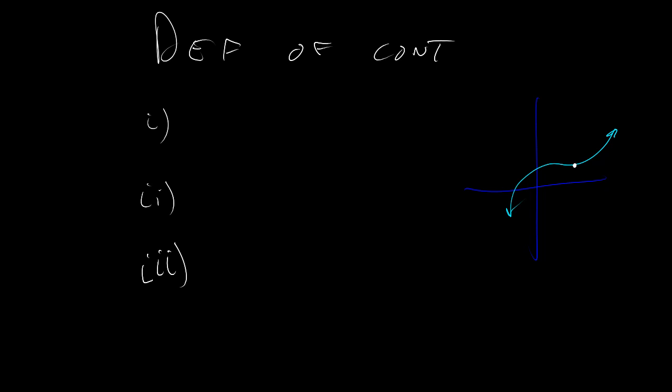So the first part is if we have a continuous line, if we take this point and we come from the left and right hand side of it, the limit is going to be the same. So we're going to say the limit as x approaches c, any number, because if the line's continuous, every single number we'll pick will work. The limit as x approaches c of our function is going to exist, and we're going to call that L.